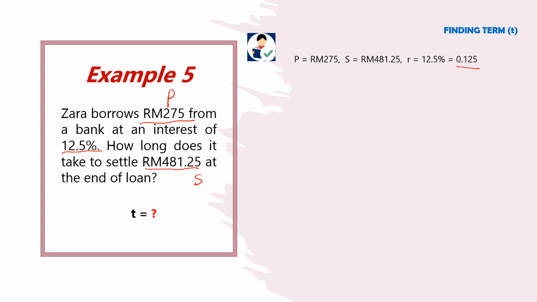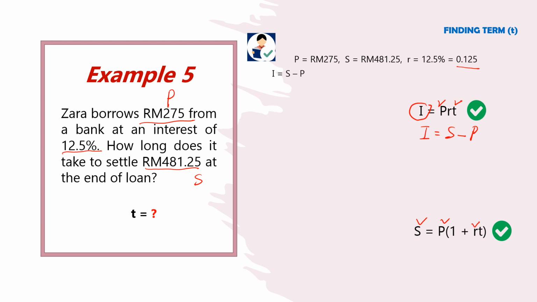To solve this question, we can use formula I equal to PRT, since we have P and R. For I, we can find by using I equal to S minus P. Or we can use formula S equals to P times 1 plus RT, since we have S, P, and R. First we look at the first solution.